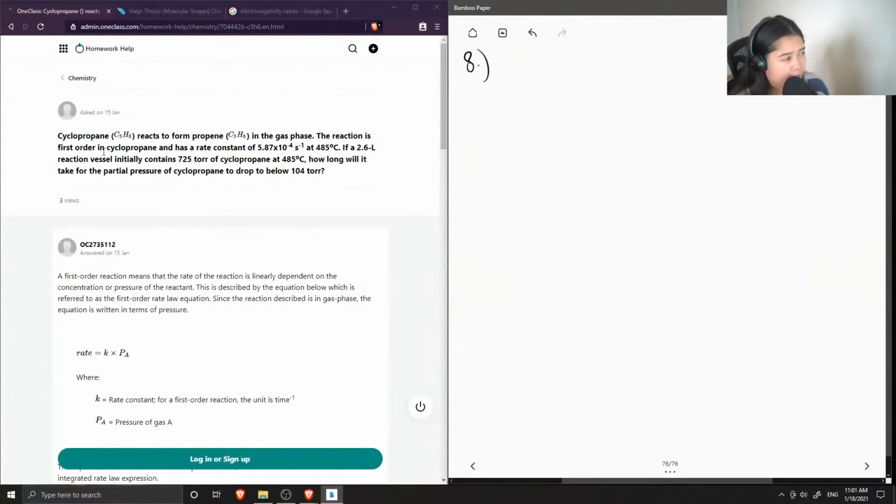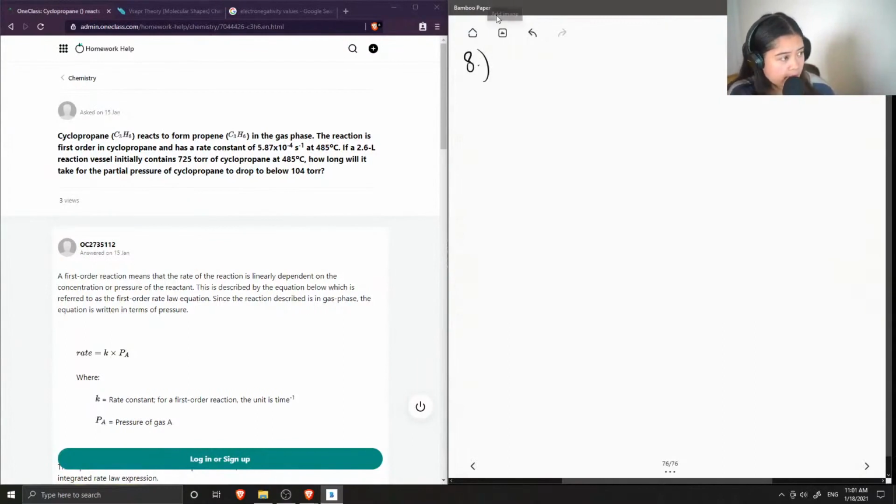If a 2.6 liter reaction vessel initially contains 725 torr of cyclopropane at 485 degrees Celsius, how long will it take for the partial pressure of cyclopropane to drop below 104 torr?